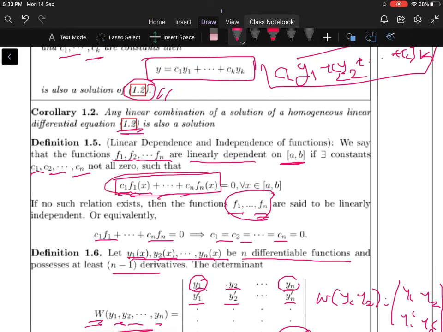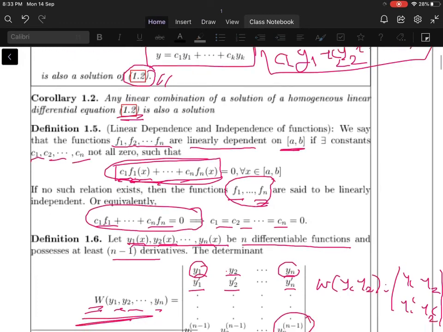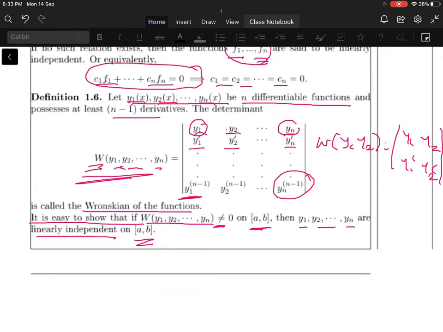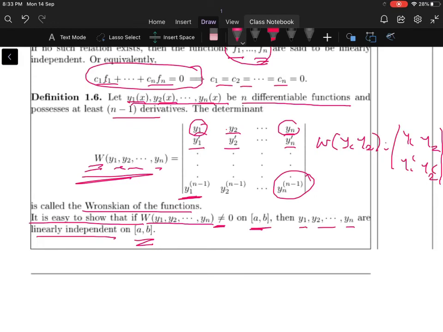So there is no need to verify the earlier definition; let us forget it for now. That definition says that if the linear combination is 0 and f1, f2, fn are linearly independent, then all the constants c1 through cn must be 0. Instead of checking in that way, let us verify with these conditions. Let me take one example.